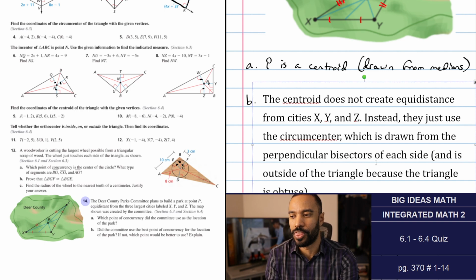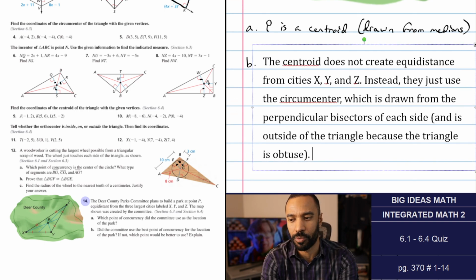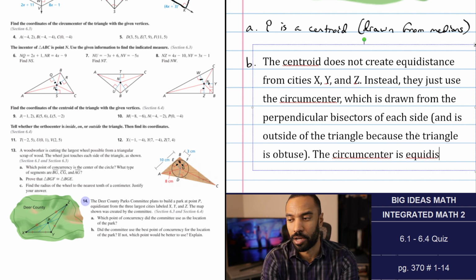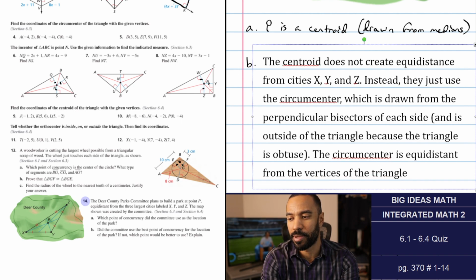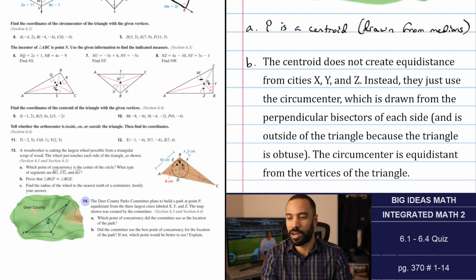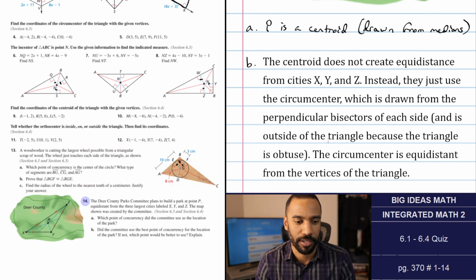The circumcenter is equidistant from the vertices. Now, I mentioned that from a previous set of problems. Now, I over-explain when I do typing. I don't expect you to do that. I expect you to paraphrase. I don't know, let ChatGPT paraphrase it for you. I couldn't care less.